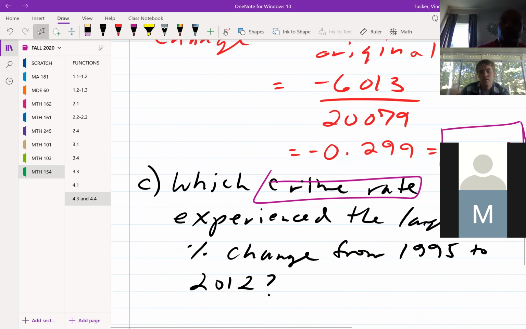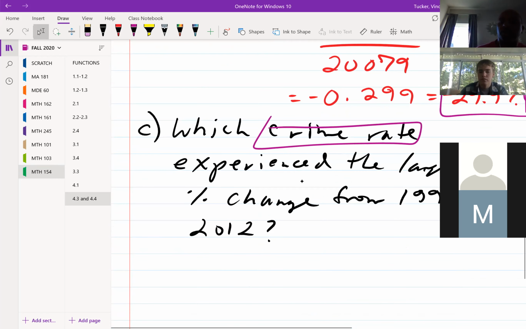It's the same process for all three, and then whichever one has the largest would be your answer. So they have violent crime rate, murder rate, property crime rate, and motor vehicle theft rate.